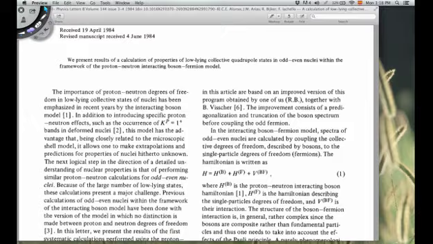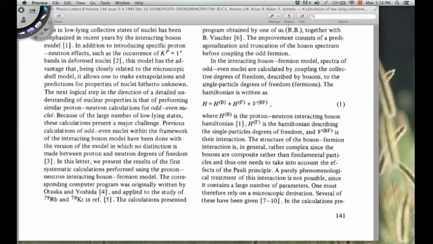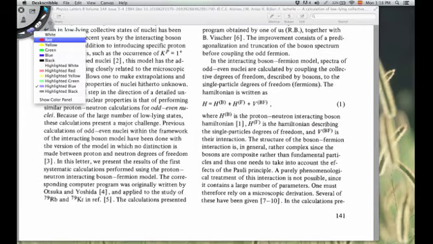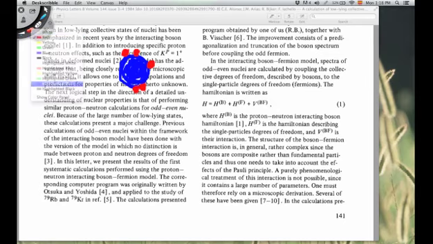But now, if we have odd-even nuclei, what does it mean? It means that if you have a nucleus, and also you have those pairs of protons, for example, but you have an extra proton, you have to consider this extra contribution of this fermion that you are taking into account.